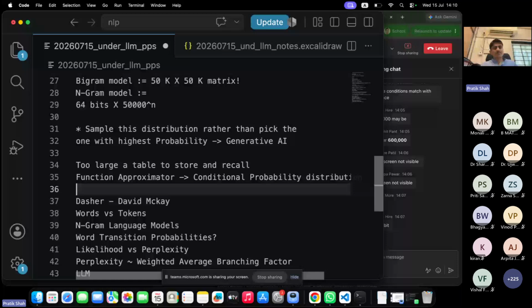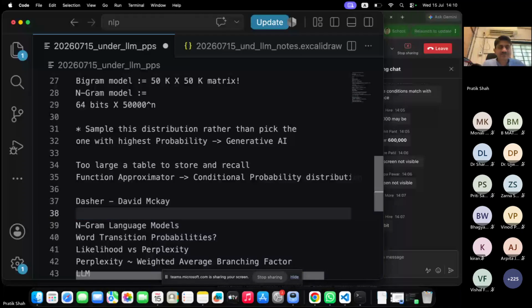I think this is something which I can skip. This is important, so I'll talk about it. You might have seen Dasher. If not, then I would recommend that you have a look at it.